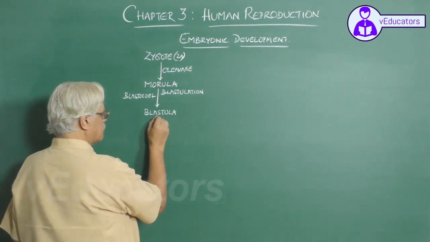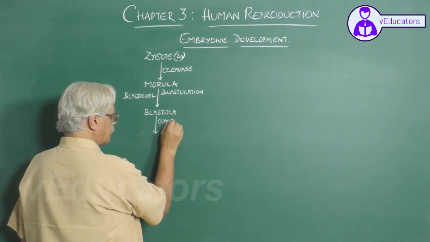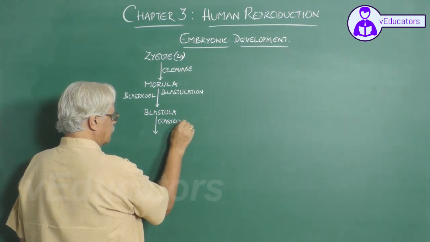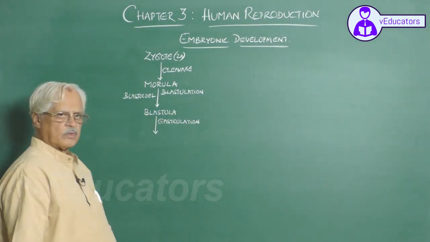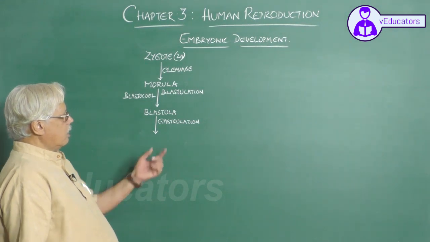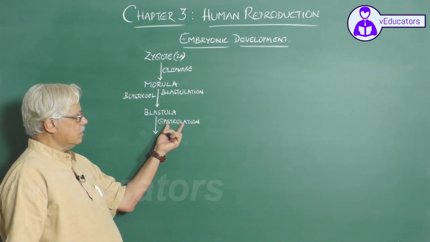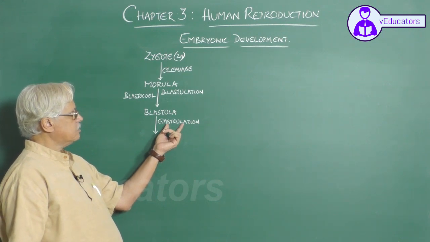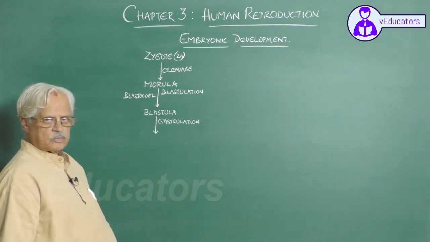This blastula now undergoes a process called gastrulation. During gastrulation, there is basically an addition in the number of cells.